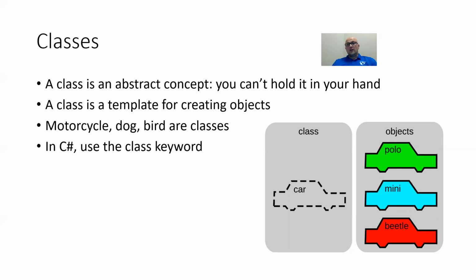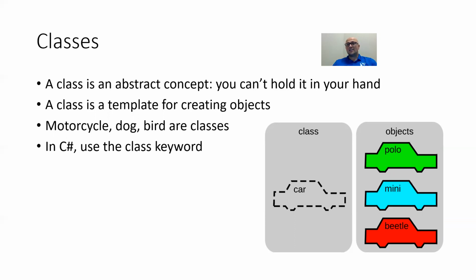For example, dog is a class, okay? Show me a dog. Don't show me a golden retriever. Don't show me your poodle named Skittles. Show me a generic dog. You can't do it, okay? The concept of dog is a template. It's an idea. It's an abstract thing from which we can model real life concrete objects, okay?